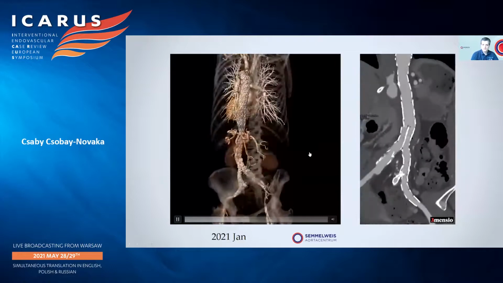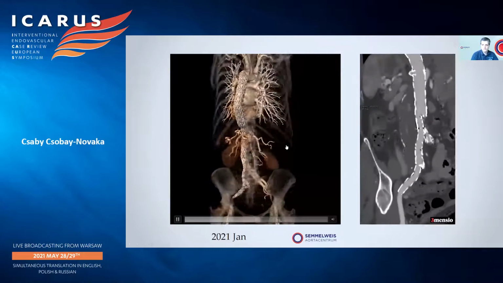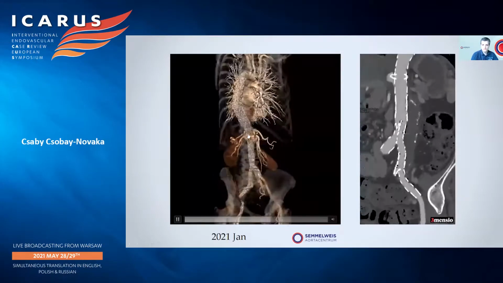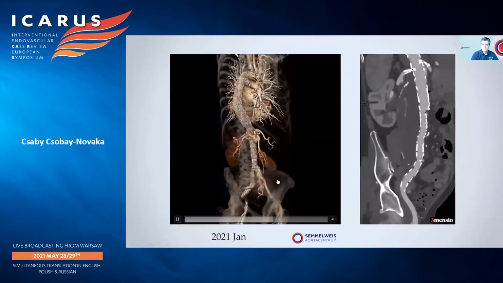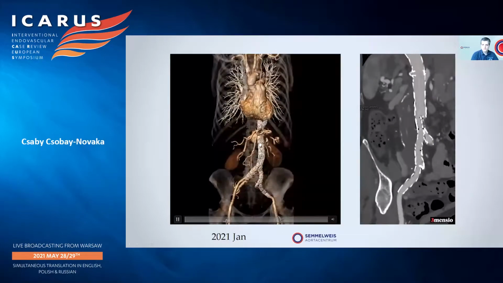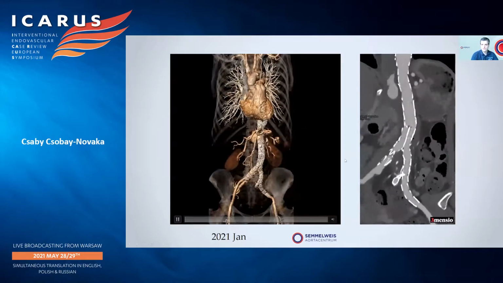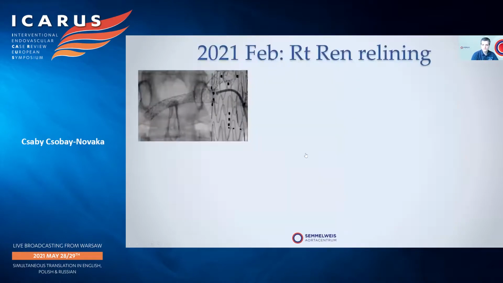This is the discharge CT after the fenestrated repair, the third stage operation. As you see here, there's a filling of the false lumen around the right renal segment, which raised the suspicion of a type 3 endoleak around or in connection with the right renal bridging device.